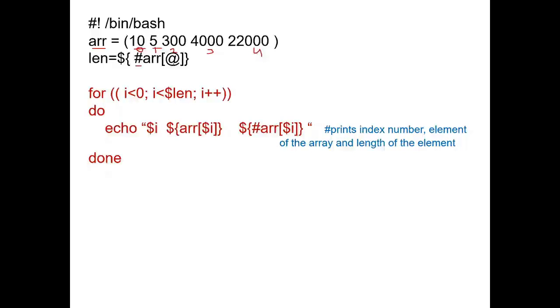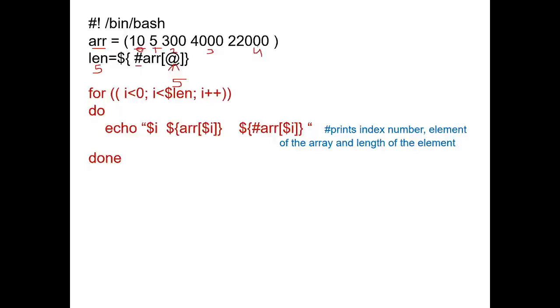And we have included the at symbol, which means the full array length it is going to take. So 1, 2, 3, 4 and 5. It is going to take 5, and that will be stored in the variable length. So this loop is going to repeat 5 times.